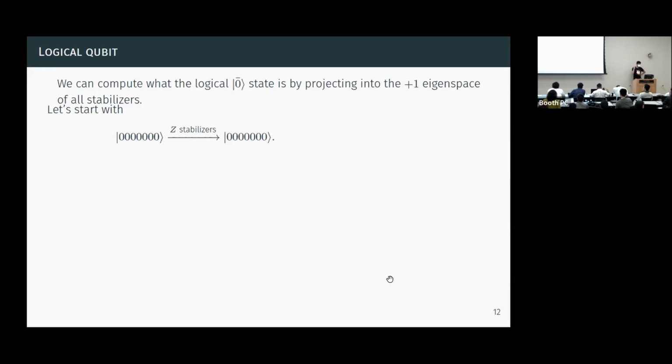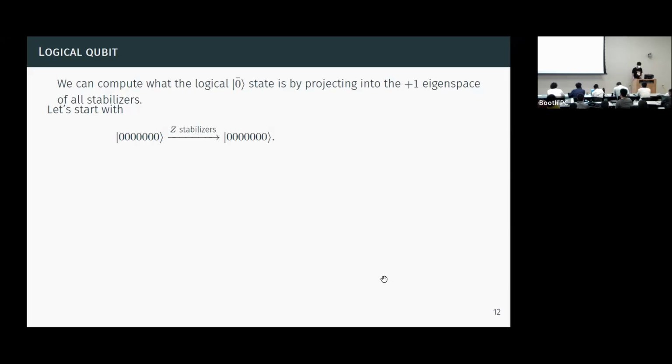Maybe one thing that confused me a little when I was learning this is, well, that's cool and all, but what does logical zero mean in our code? If we recall, all our stabilizers commute, and we have defined the logical subspace to be the common +1 eigenspace of all the stabilizers.